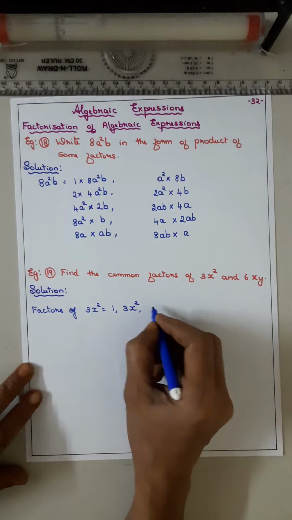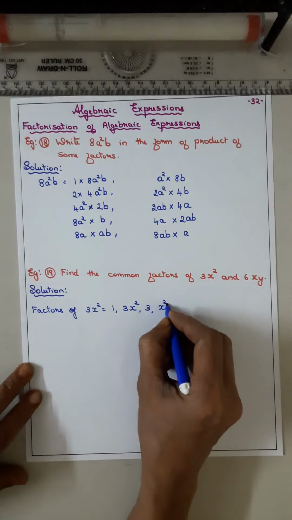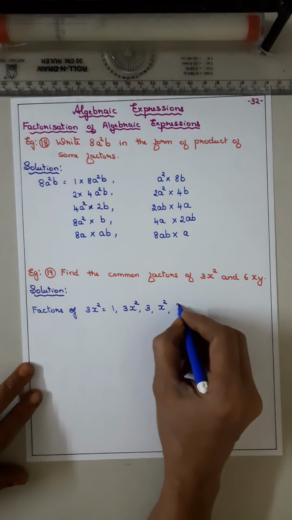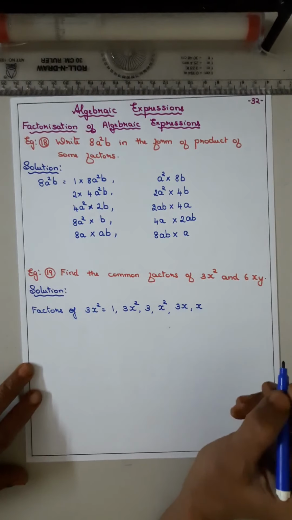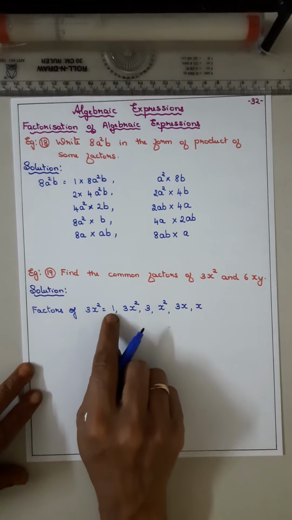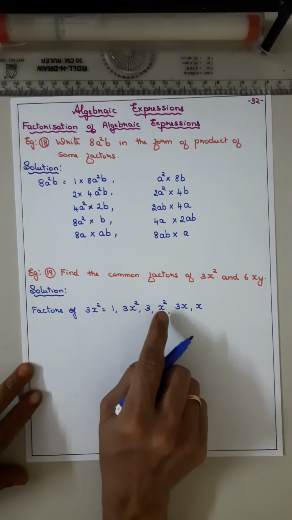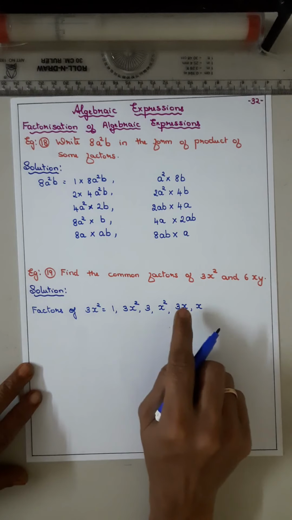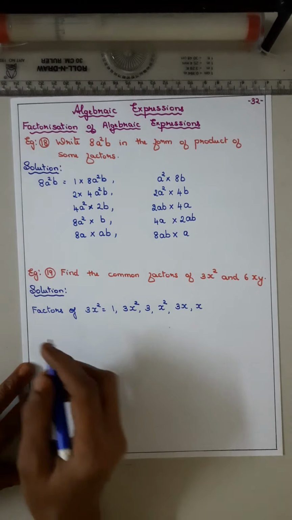Now 3 is also a factor, x squared is also a factor, 3x is also a factor, and x is also a factor. If you take 1, the remaining is 3x squared. If you take 3, the remaining is x squared. If you take 3x, the remaining is x. Okay? So write the factors.